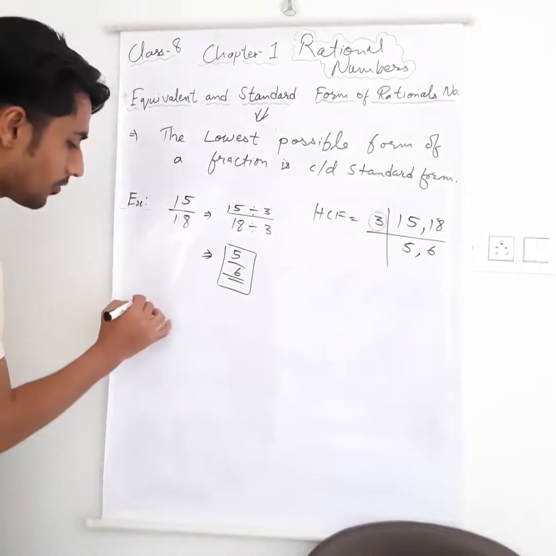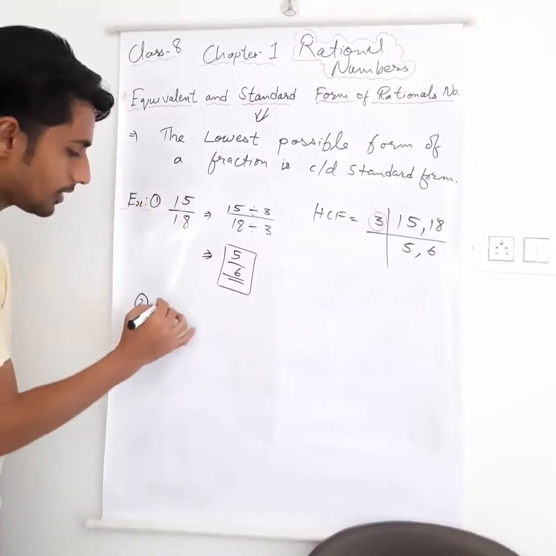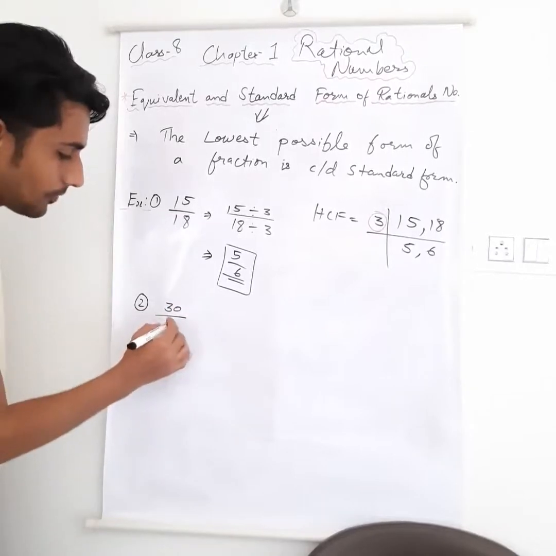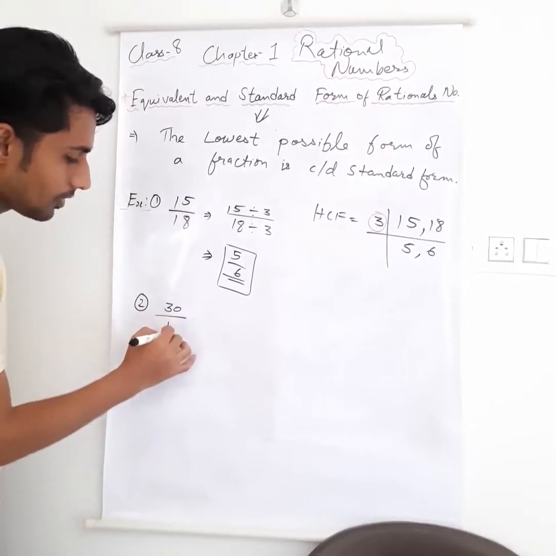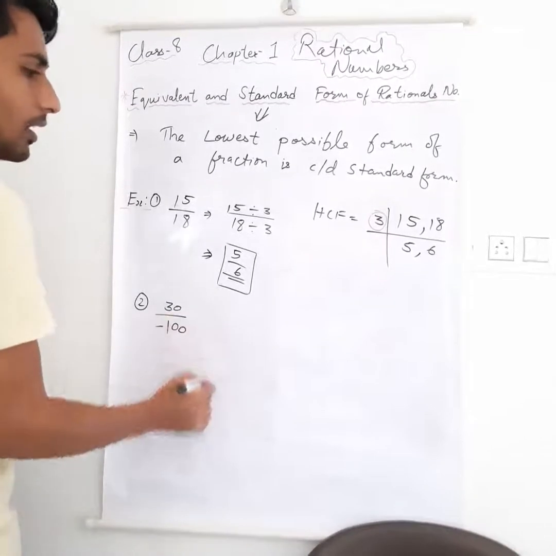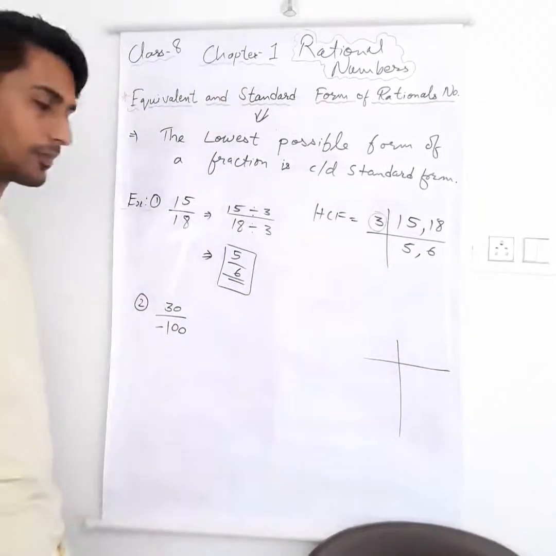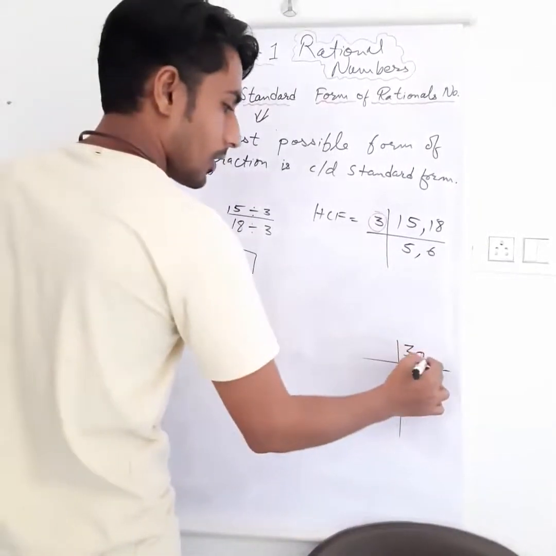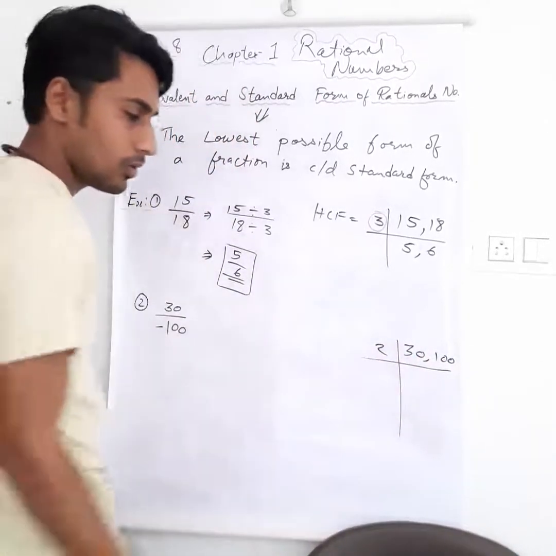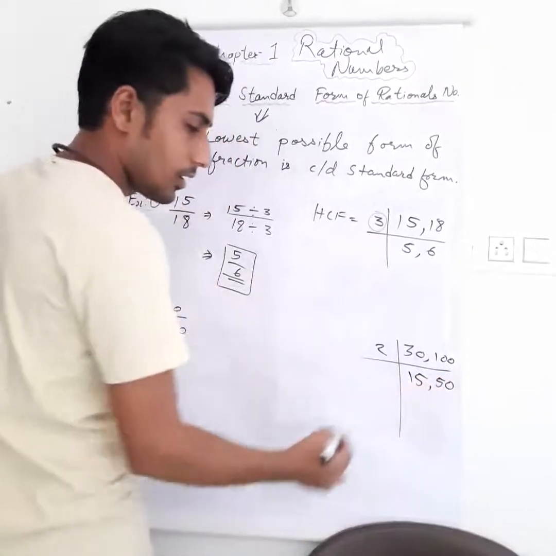Let's take one more example. Let's say there is minus 30 upon 100, or 30 upon minus 100. What will the HCF be? Divided by 2, this will be 15 and this will be 50.